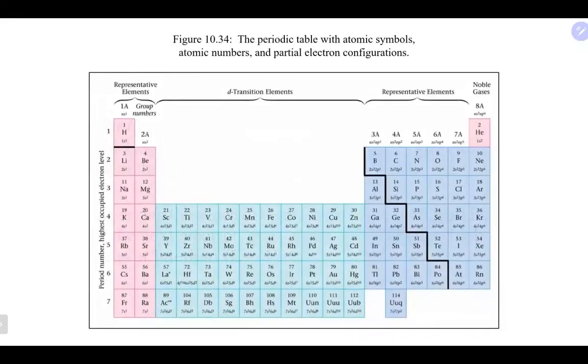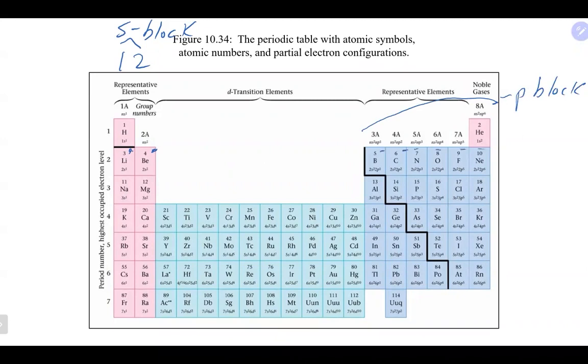Now, when we look at the periodic table, you could actually count off electron configuration using it. The first two groups, group 1 and group 2, are what is referred to as the S block. That's because S has how many electrons? 2, basically. From group 3 to 8 is the P block, because the P subshell can hold 6 electrons: 1, 2, 3, 4, 5, and 6.